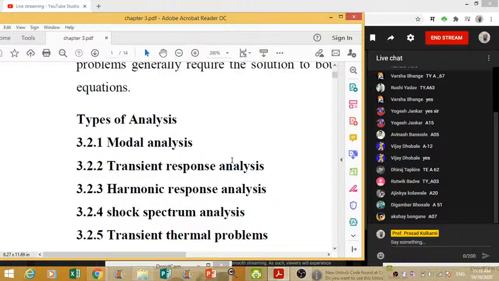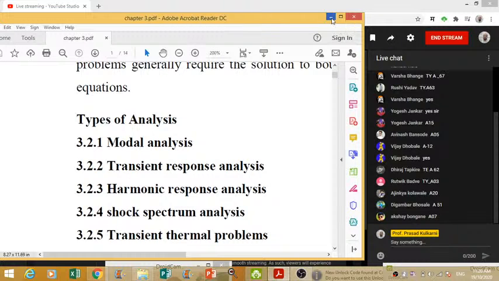So first of all you should understand, what is a dynamic analysis? The word dynamic itself indicates that dynamic analysis is used for different types of dynamic loads.